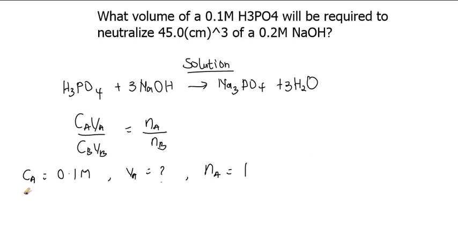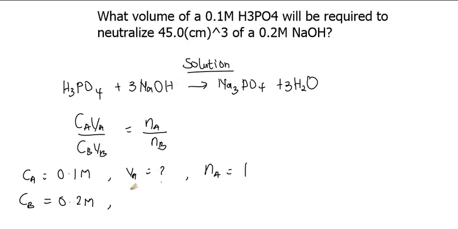Then Cb, that is concentration of base. From the question, our Cb is 0.2. So we have 0.2 molar sodium hydroxide. So Cb is 0.2 molar. The volume of base from the question is 45.0 cm³.